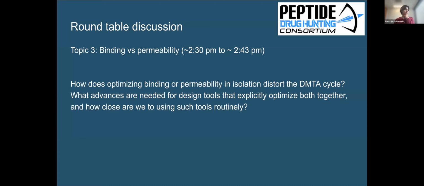Yeah, I can speak on that. In terms of binding, I think we are not too close, but we are very close to getting the shape of binding at least right. In terms of permeability, I would argue, please define permeability for me. Is it going through the membrane actively or passively? Does it interact with a receptor or not?